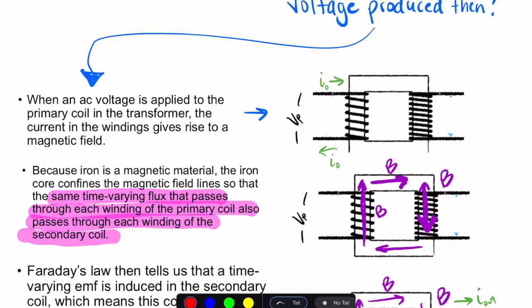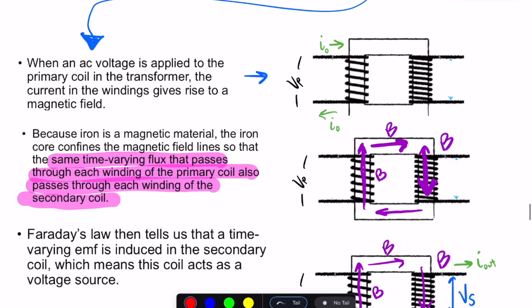We're just taking a snapshot at the moment the current is pointing to the right. If you use the right-hand rule, putting the thumb of your right hand in the direction of the current, your fingers curl inwards, and you'll see that the B field is pointing up and it's changing. So we have a time-varying flux being induced in this coil.